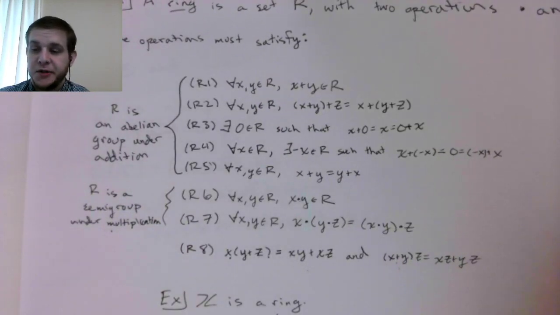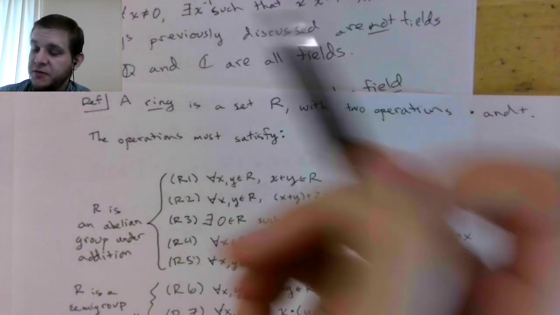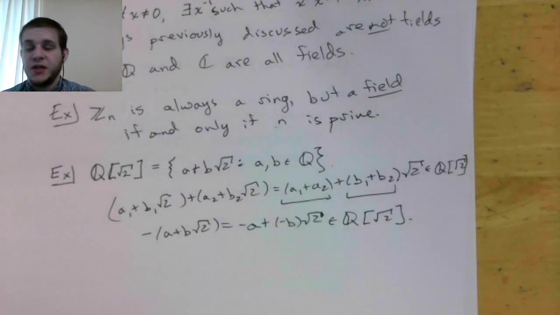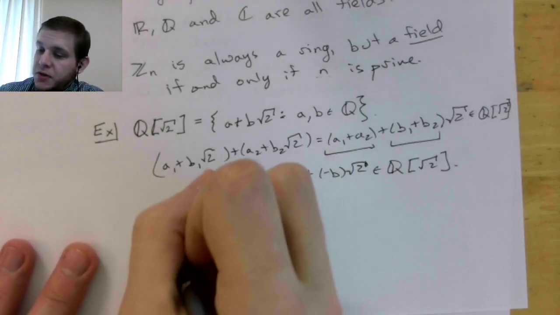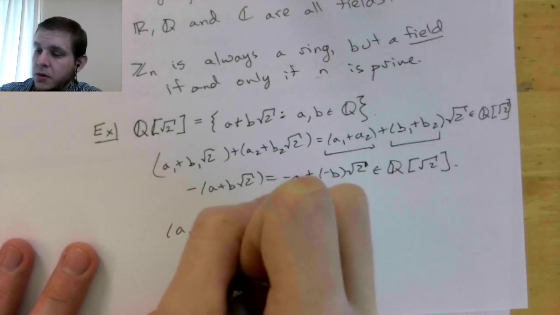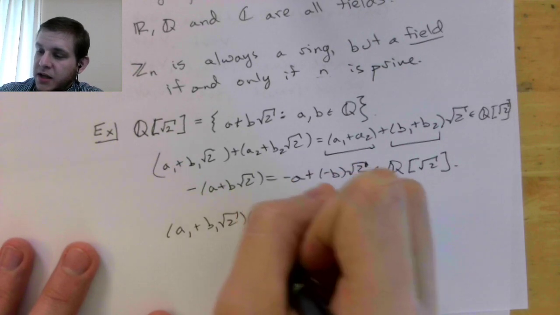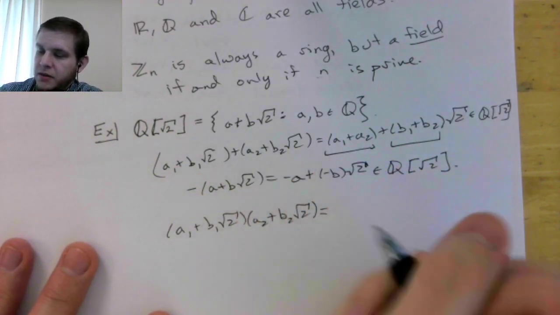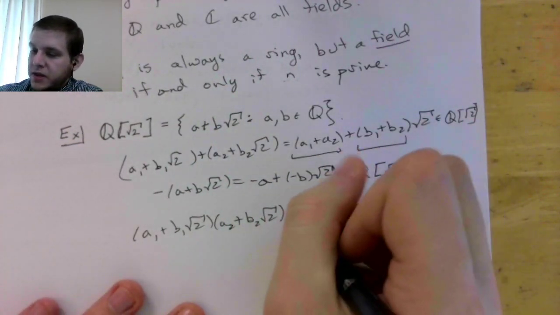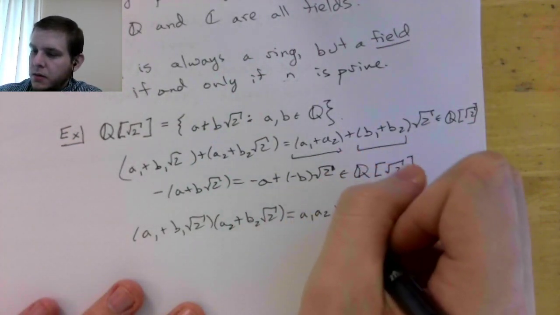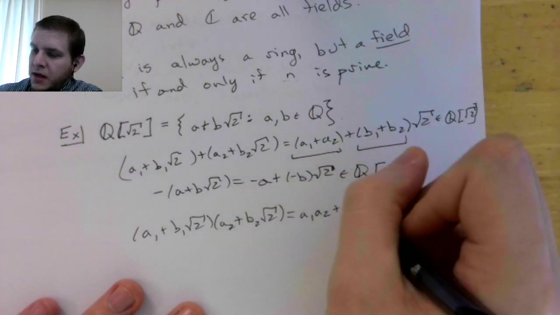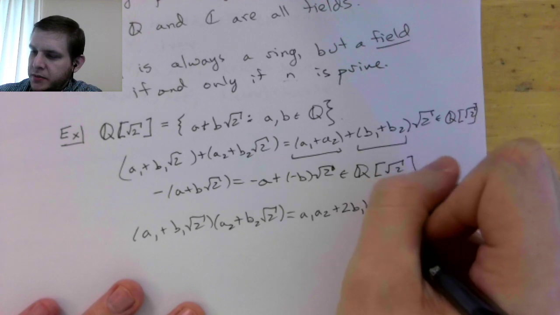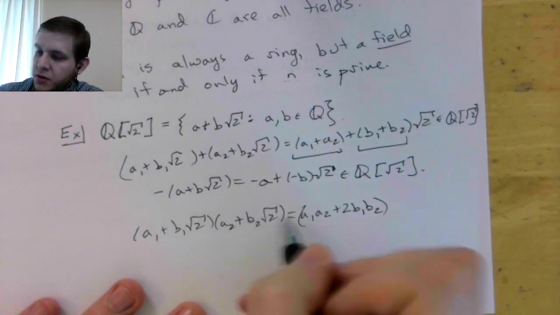Now let's check multiplication. And this is where the extra field axioms come into play. So I need to check that when I multiply two such things, I'm still in Q adjoin the square root of 2. And indeed, if I do this, it's just going to be a1 a2 plus 2 b1 b2, right, because the square root of 2 squared is 2.